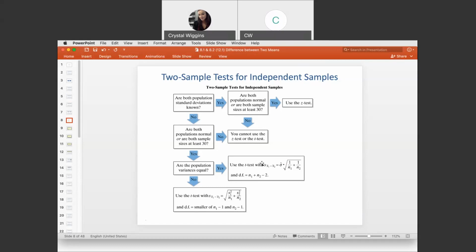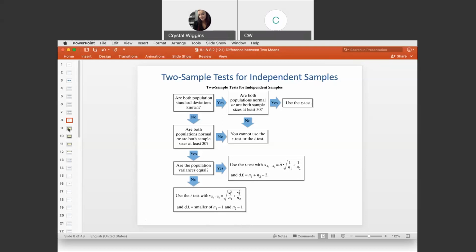If they are, we would use a t-test, specifically using degrees of freedom n1 + n2 - 2, where n1 is the sample size of the first population, and n2, which they don't need to be the same, by the way. But if either we don't know or we do know the variances are not equal, then notice that the degrees of freedom are separated, where you would do n-1 for the first one and n-1 for the second sample and not group them together.